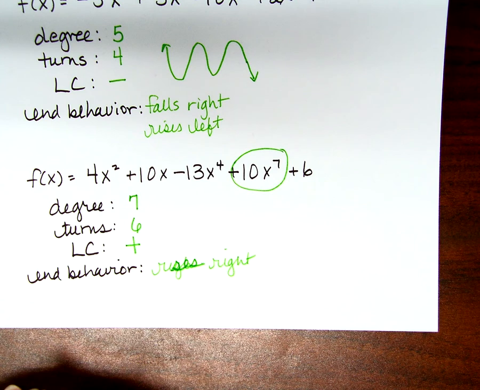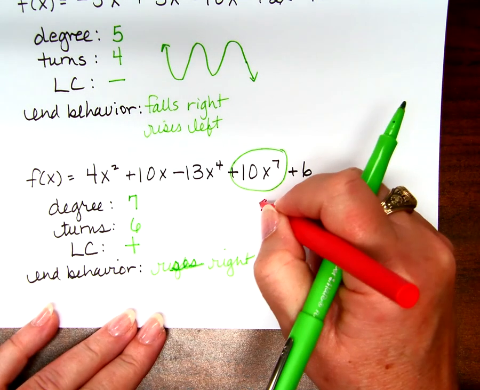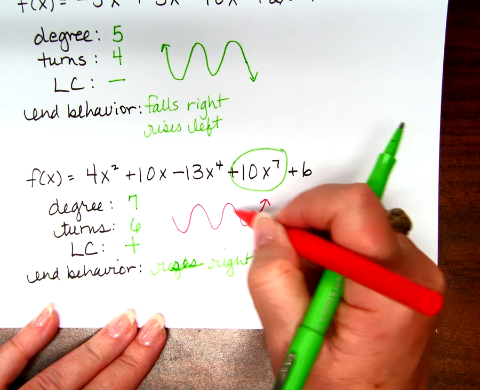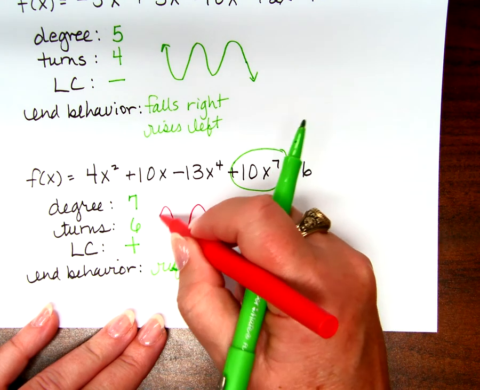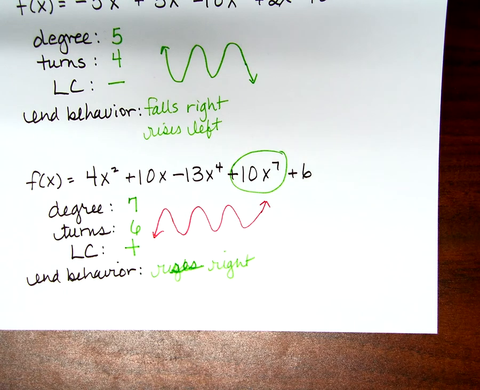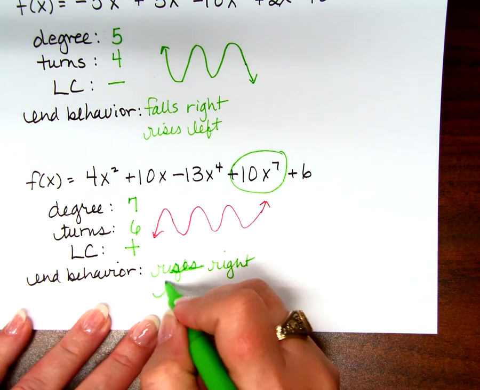But that would not be right. What about left behavior? Rises right. 6 turns. 1, 2, 3, 4, 5, 6. Left behavior? Falls left.